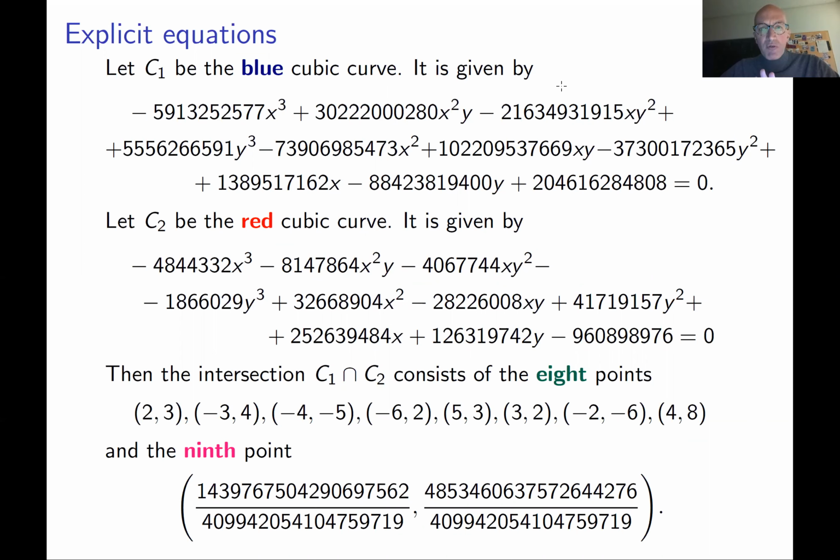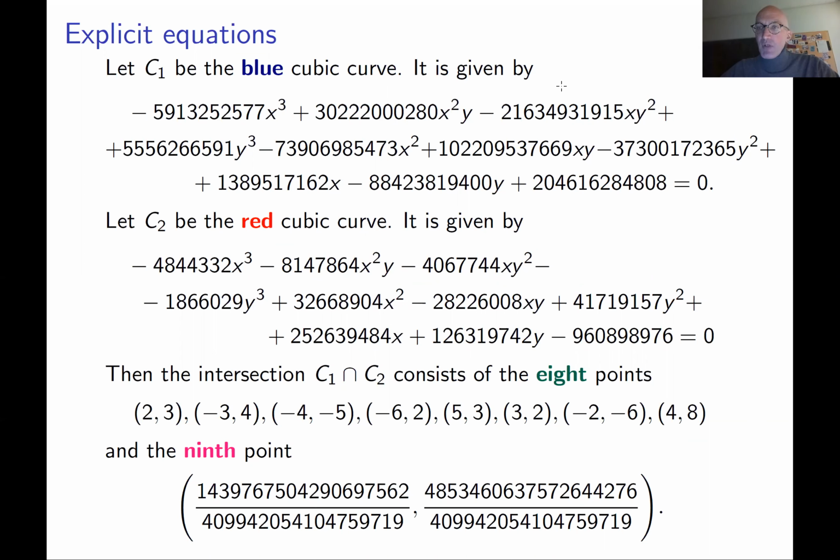Okay, so we fix these two examples, and we want to check Charles' theorem for the first 8 points. Basically, we want to prove that if we pick any other cubic curve in the plane which contains the first 8 points, then this cubic curve must pass through this 9th point that looks a little bit ugly. Okay, how to do this?